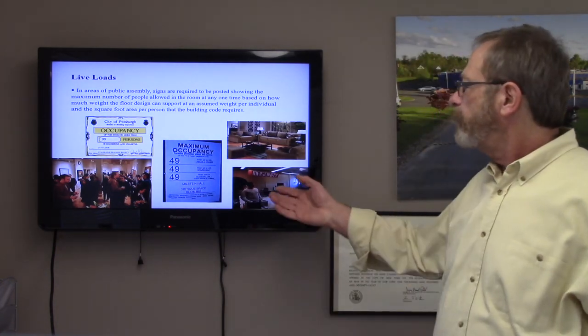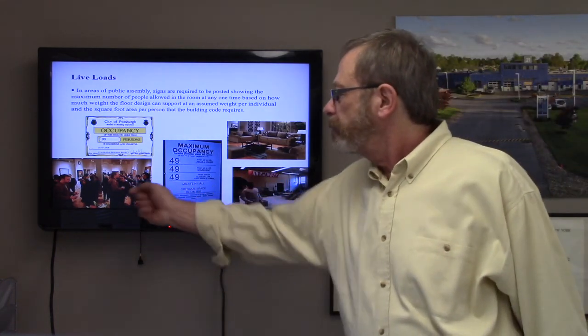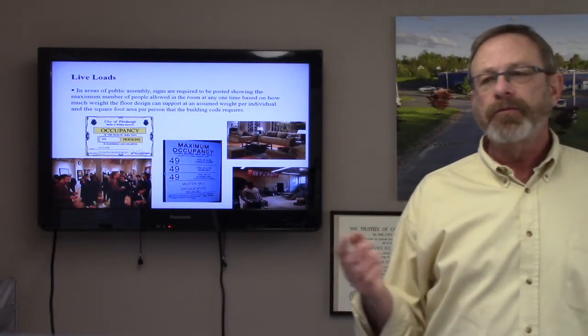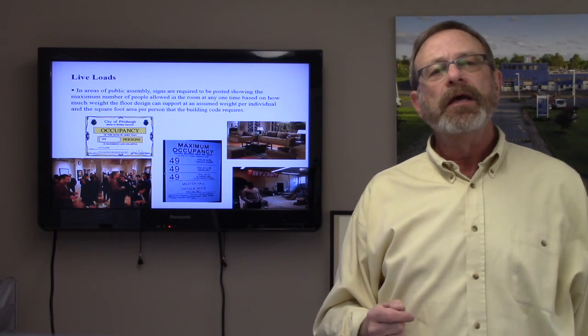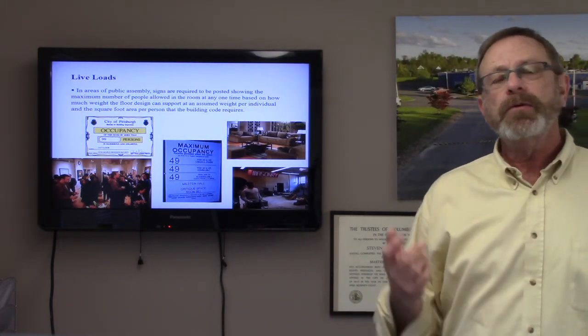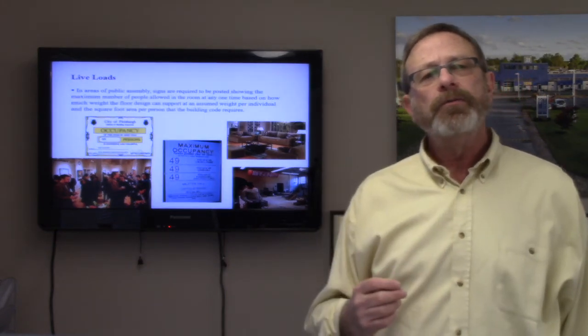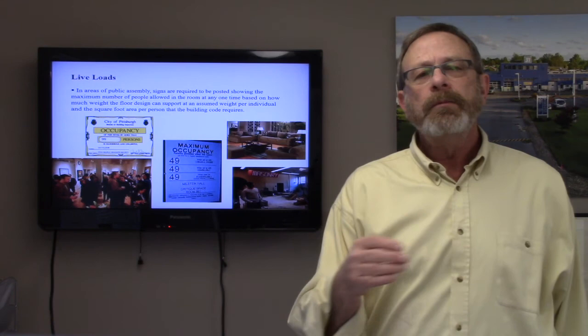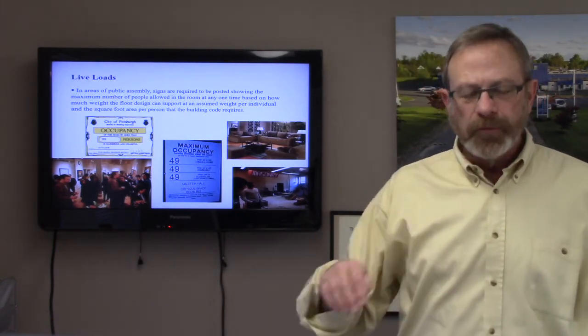So here we have a gallery. Maybe a couple of people come during the day to view the show. At night there might be an opening and you could expect 200 people. So the building code requires that for every person in the space, there is a minimum allowed area for circulation.